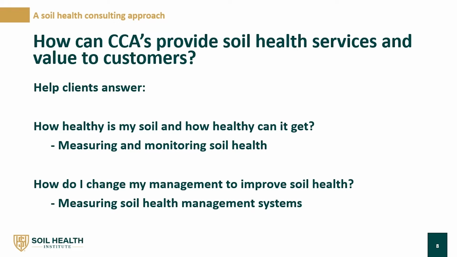The first question around how healthy is my soil gets back to the questions around measuring and monitoring soil health. What's the best way to assess the current health of the soil and understand the direction that it can go in the future? The last part of that, around how do I change my management, gets into the questions around what are the ways we can alter a management system to improve soil health. And we'll be discussing some ways we can use precision ag to help put some numbers to those questions so that your answers are more quantitative and less fuzzy.